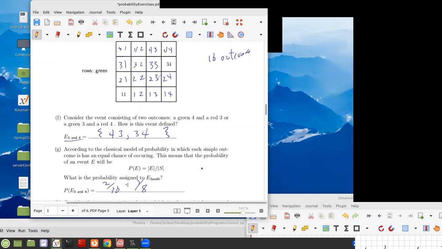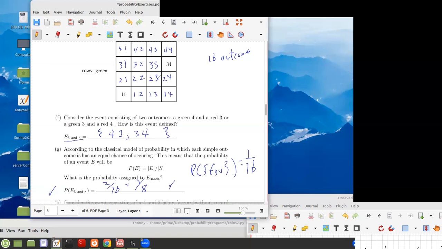You're absolutely right. What I was thinking of is the probability of E 3, 4, which would be 1/16. But then E 4, 3 would be 1/16, and 1/16 plus 1/16 is 1/8. So you're absolutely correct. That would be the right answer.